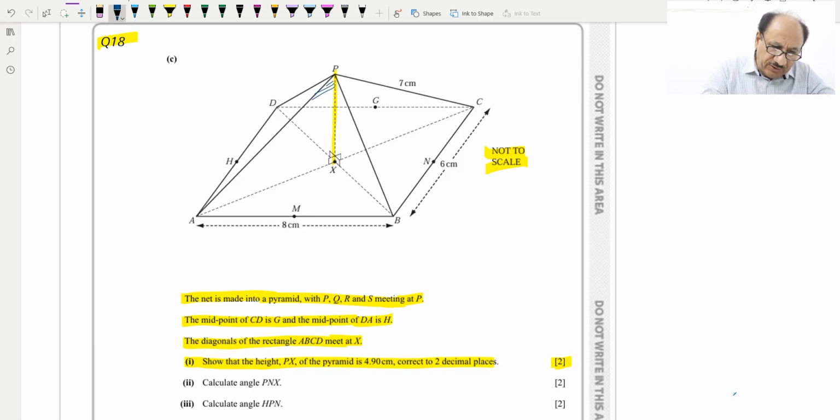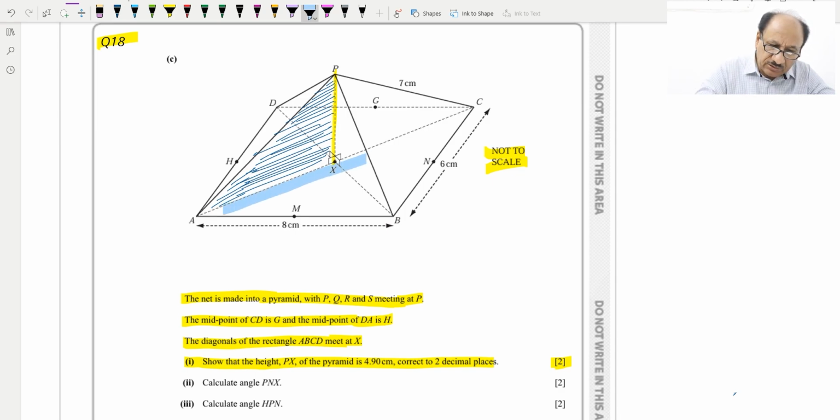basically we'll be finally considering this triangle AXP, but in AXP we have only one side, and that is AP, which is 7 centimeters. So we have only one side, so we need another side. We can find AX by considering this triangle.